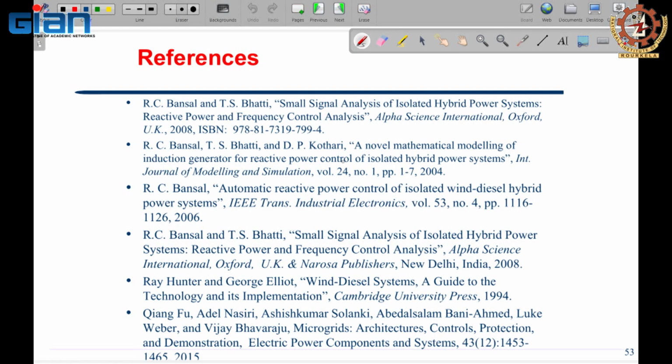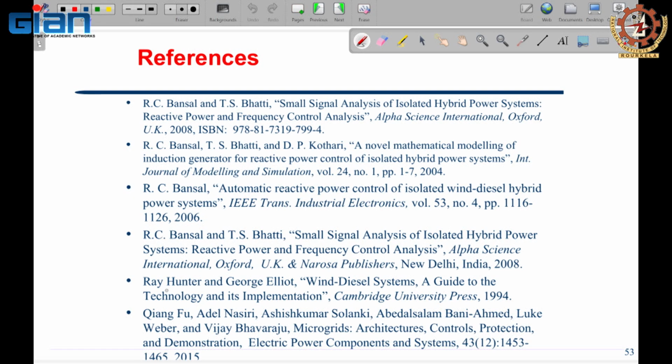Then some papers I mentioned, one this paper, then another very detailed paper published in IEEE Transactions on Industrial Electronics, automatic reactive power control for isolated wind diesel hybrid power system. And sorry, this book is already there, the same book.